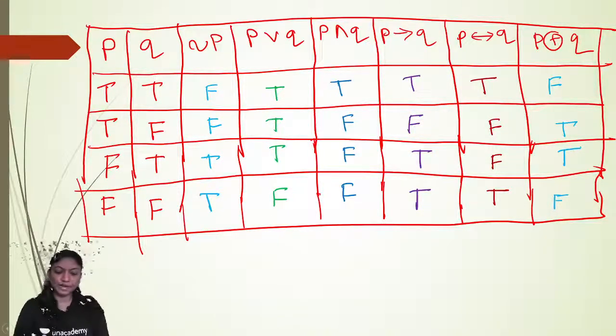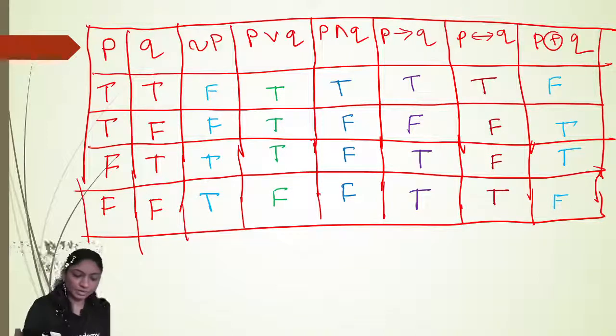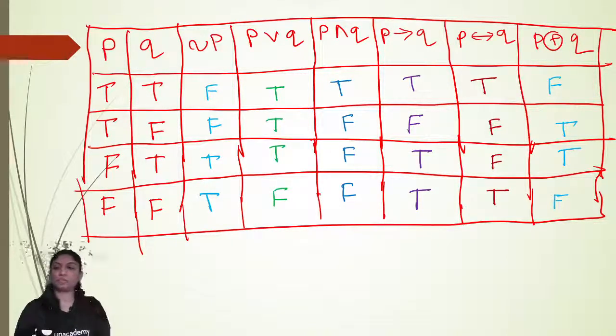Now this is your combined truth table for the given statements, true and false values for all the connectives.